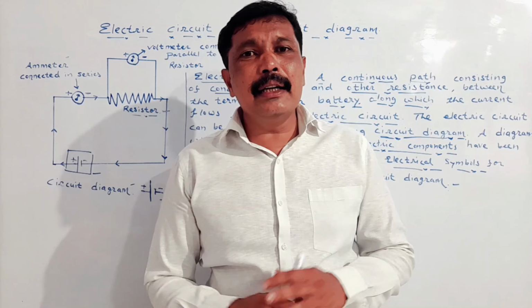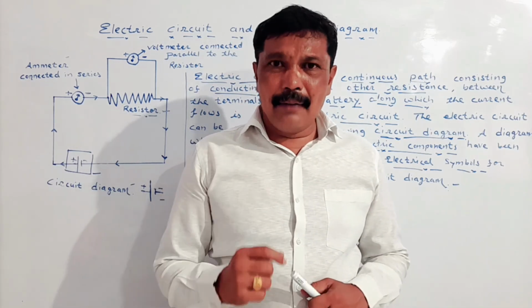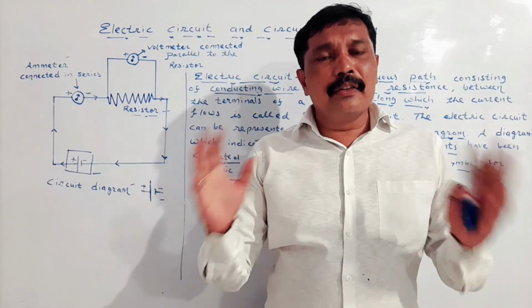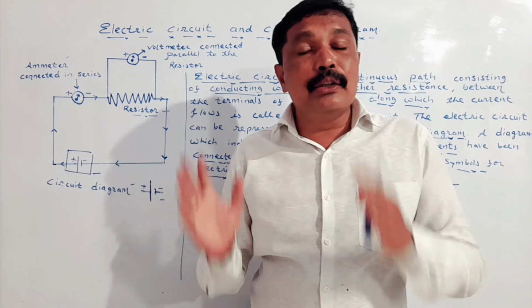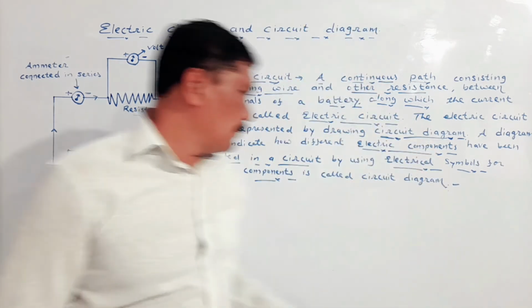The electric circuit can be represented by a diagram which indicates how different electrical components are connected in a circuit by using electrical symbols.